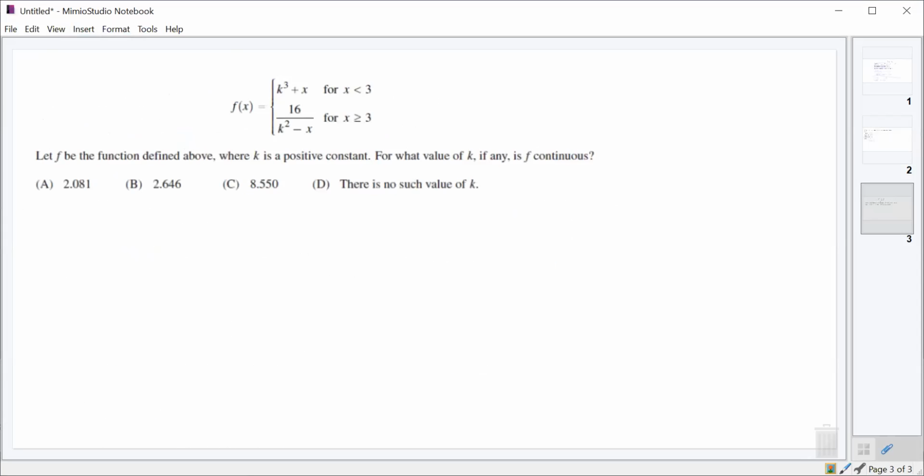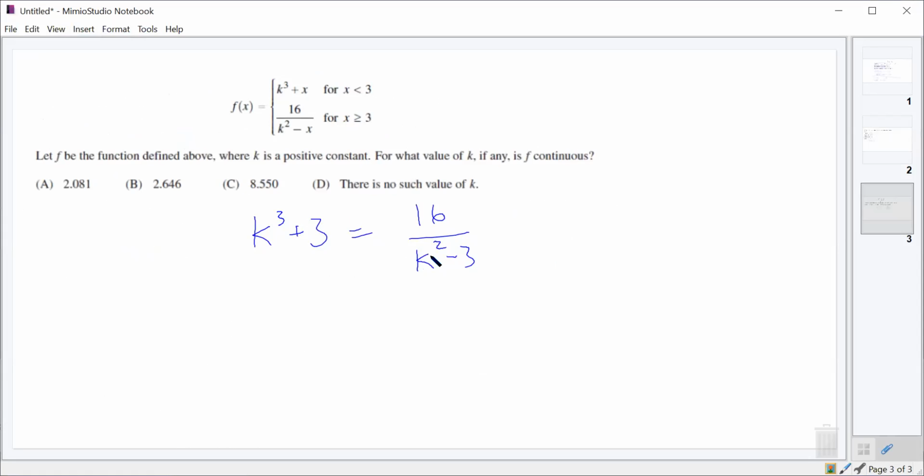So for it to be continuous, we just need to plug in 3 from the left and 3 from the right and need to set them equal to each other. So that would be k cubed plus 3 equals 16 over k squared minus 3. And we need to figure out when is that true.